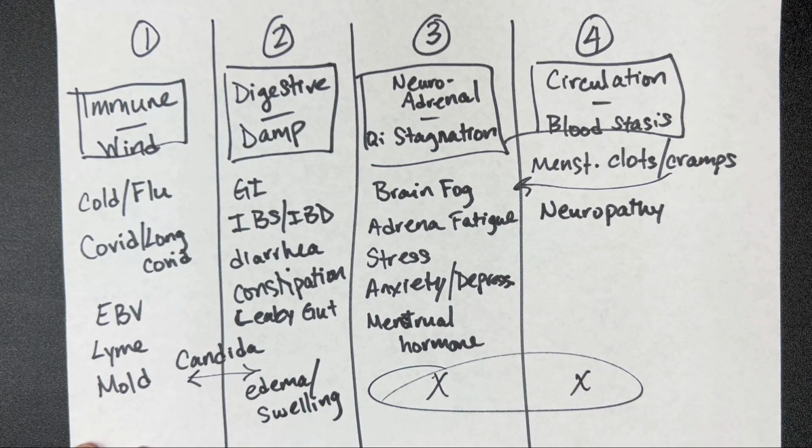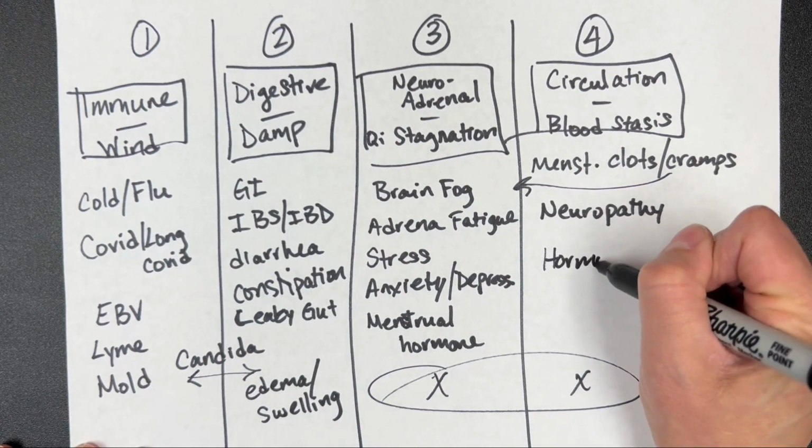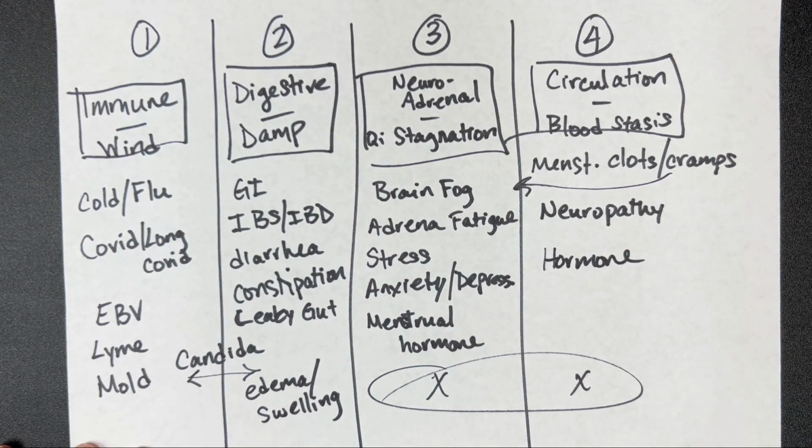And we would get some improvement, but never fully resolve their problem. And we have a lot of hormone stuff going on in here. And so my patients who have Hashimoto's, they have a hormone imbalance. And so I was doing a lot of work with them in stage 3 and stage 4 and not getting as good results as I was hoping for.